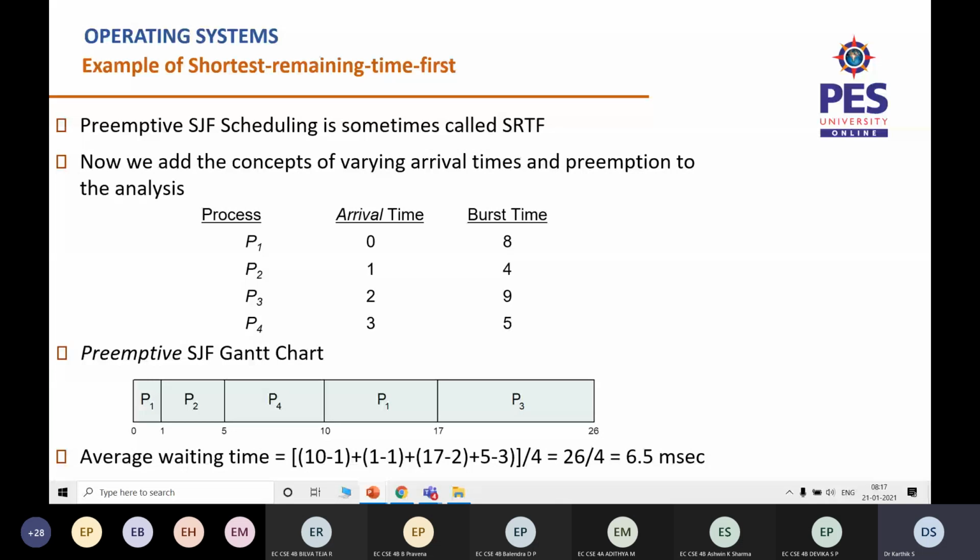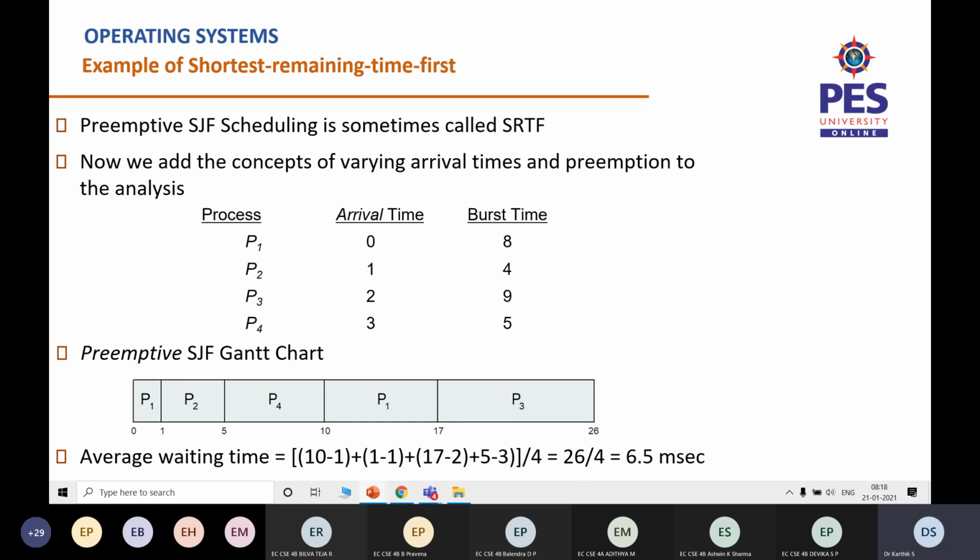We look at who has the remaining time, what is the minimum among them. If that is not the current process, then the current process is preempted. That is, the process is removed from the execution state and put back into the ready queue. The newly arrived process whose remaining time is less is picked up and assigned to the processor for execution, so it is shifted to the execution state.